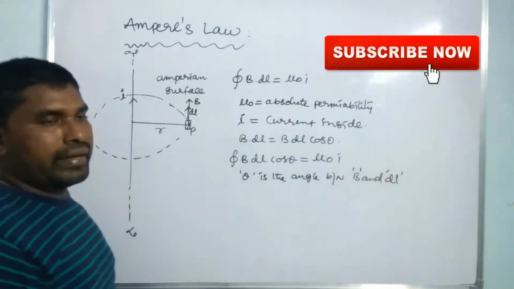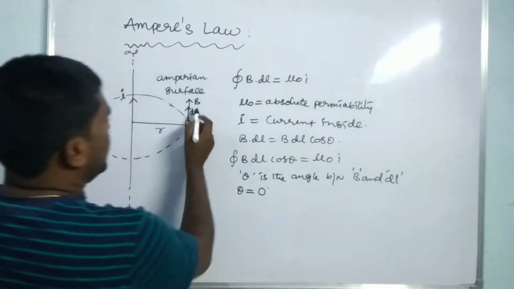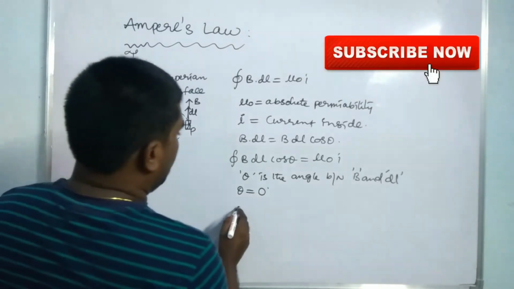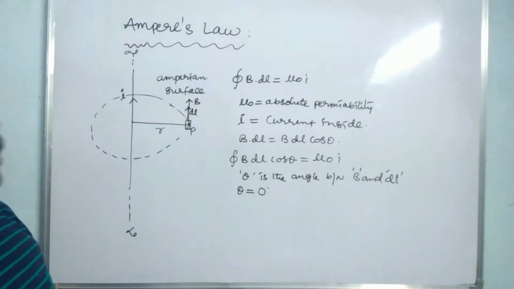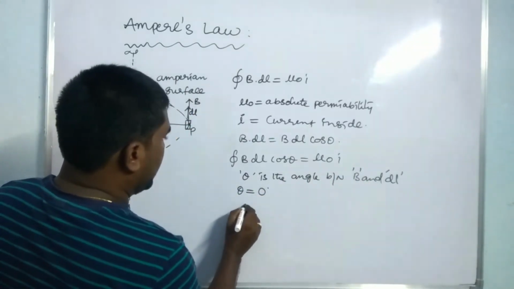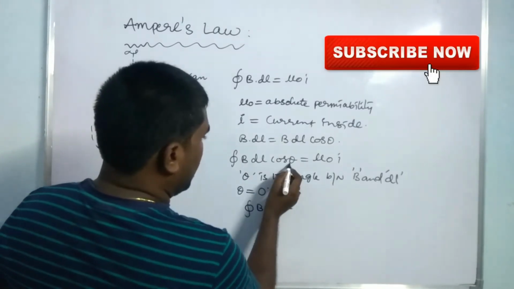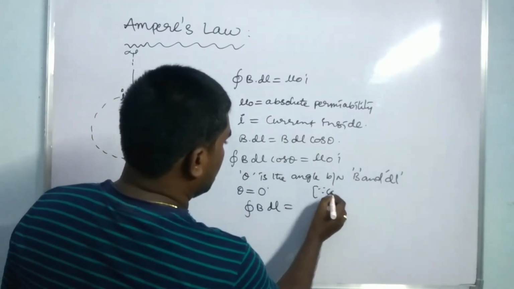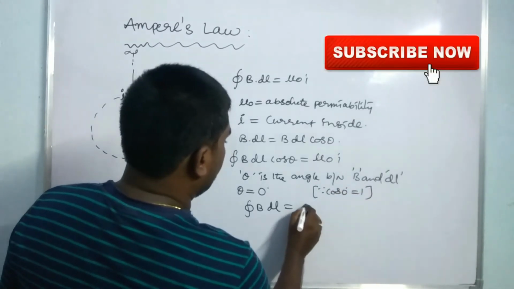Here theta is equal to 0, therefore they are always parallel to each other. Hence, since cos 0 is equal to 1, the circle integral of B dot dl is equal to mu naught I.